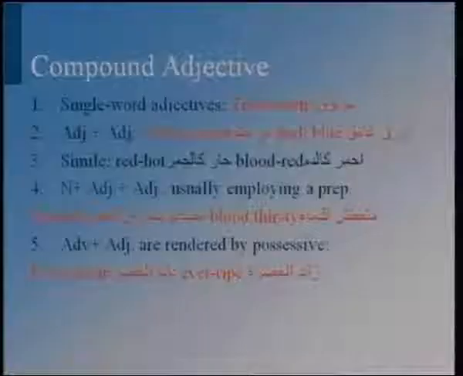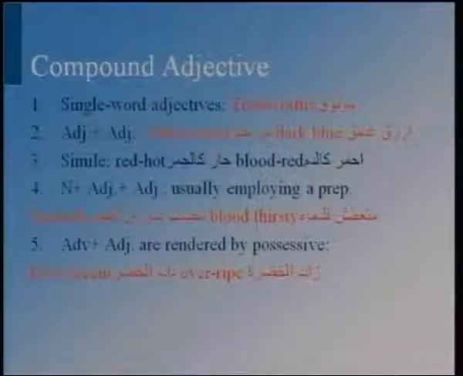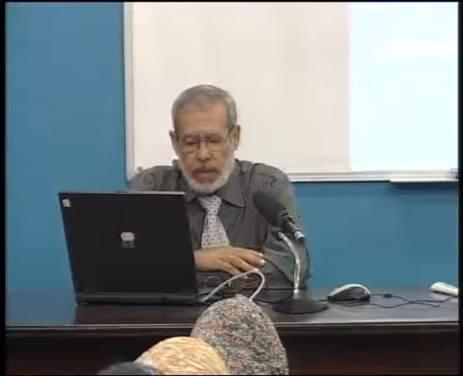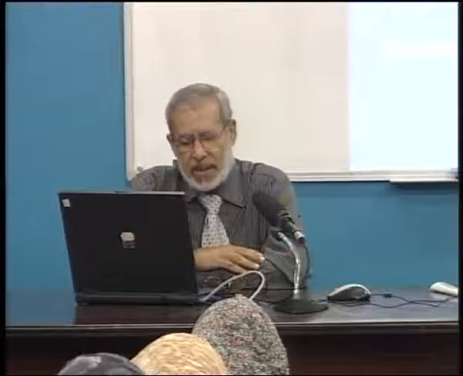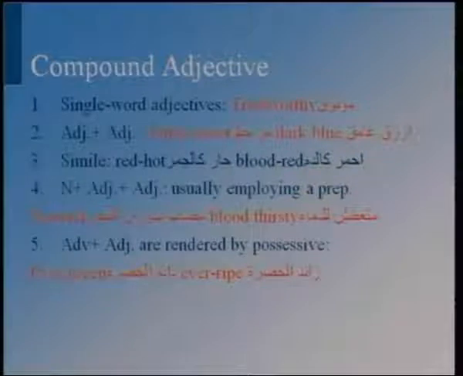We have compounds consisting of similes. I say أحمر كالجمر, أحمر كالدم. So we have here simile. We have compounds consisting of noun, adjective, and adjective: مصاب بدوران البحر, seasick. متعطش للدماء, okay, bloodthirsty.